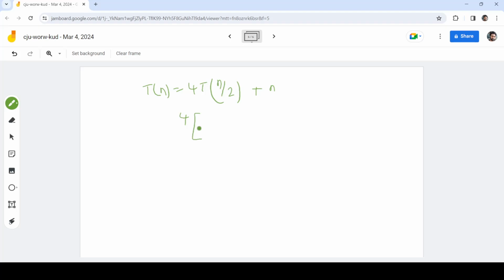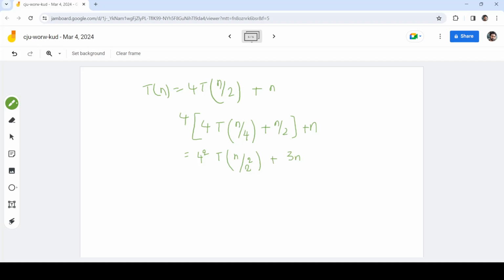So breaking down using substitution, we get 4 times T(n/4) plus n/2 plus n, which is 16, or we can write 4 squared T(n/2 squared) plus 3n.